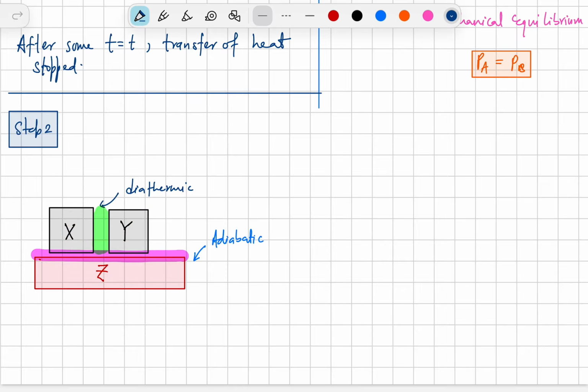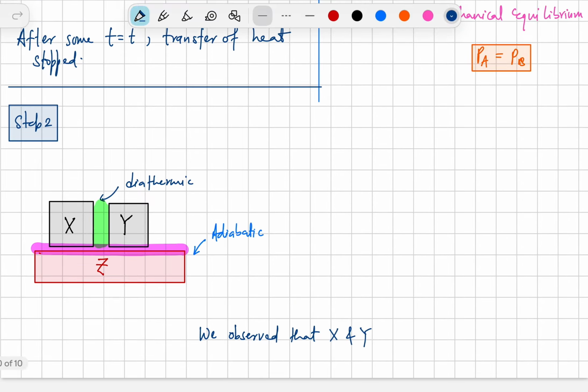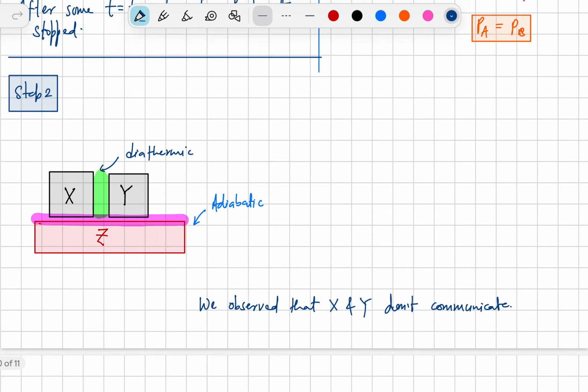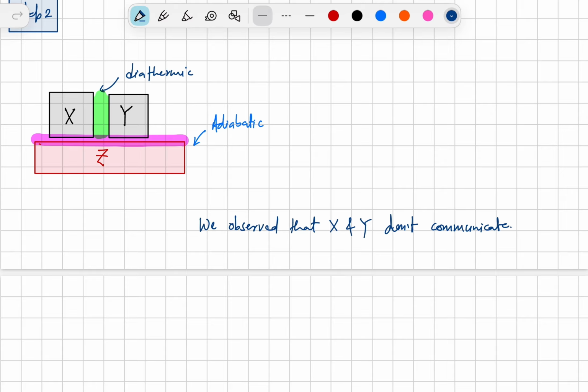So we observed that x and y do not communicate, or do not exchange heat, or rather, there is no exchange of energy.